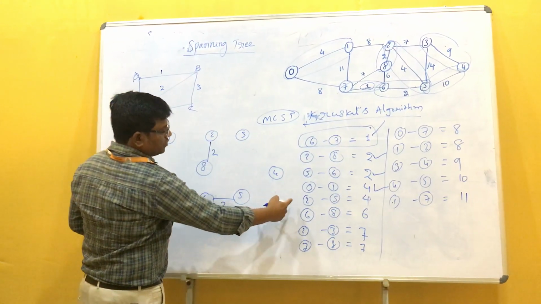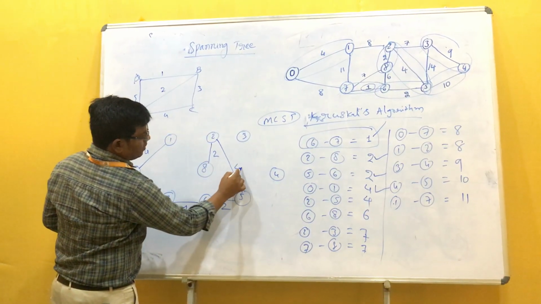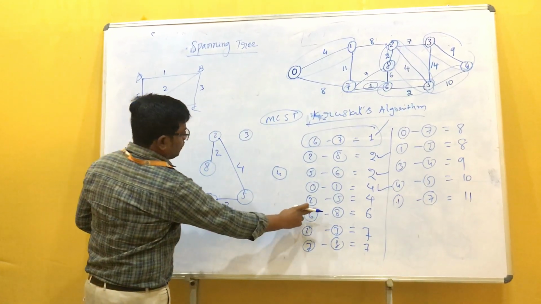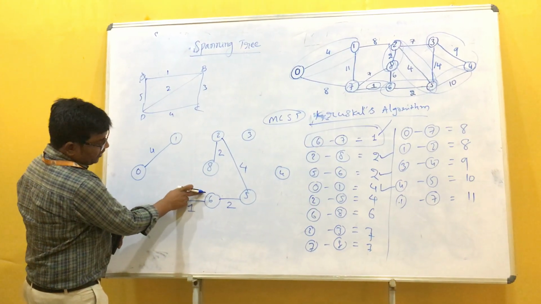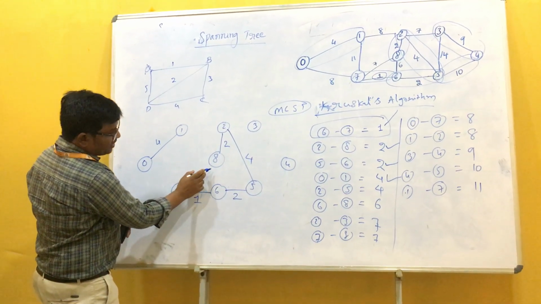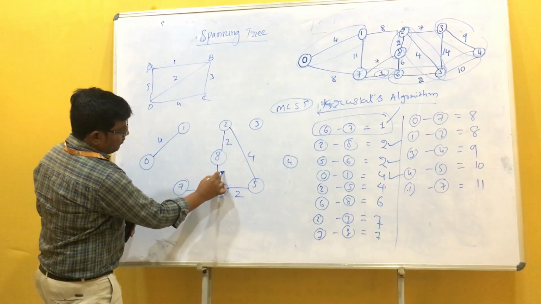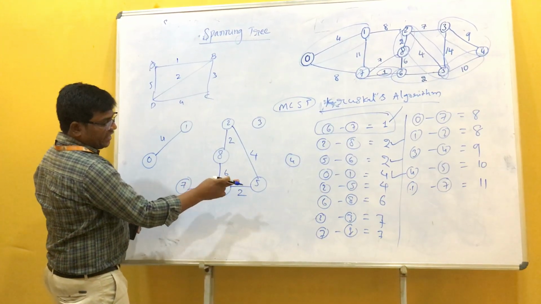Next 6 to 8. Let us suppose we have taken the edge between vertices 6 and 8 with the edge weight 6. This forms a loop. Whenever taking an edge forms a loop, avoid that edge.